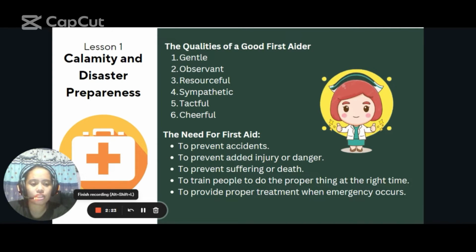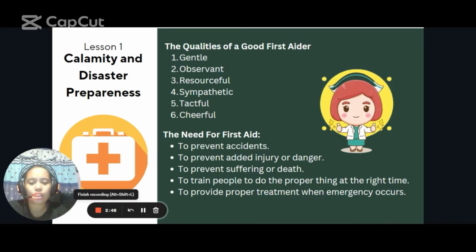So next is cheerful. If ikaw si aider, sure, dapat cheerful ka. For example, if ikaw na first aider ka-smile, di ba, the victim may feel more at ease. Murag, dili ra kay siya makulpaan.